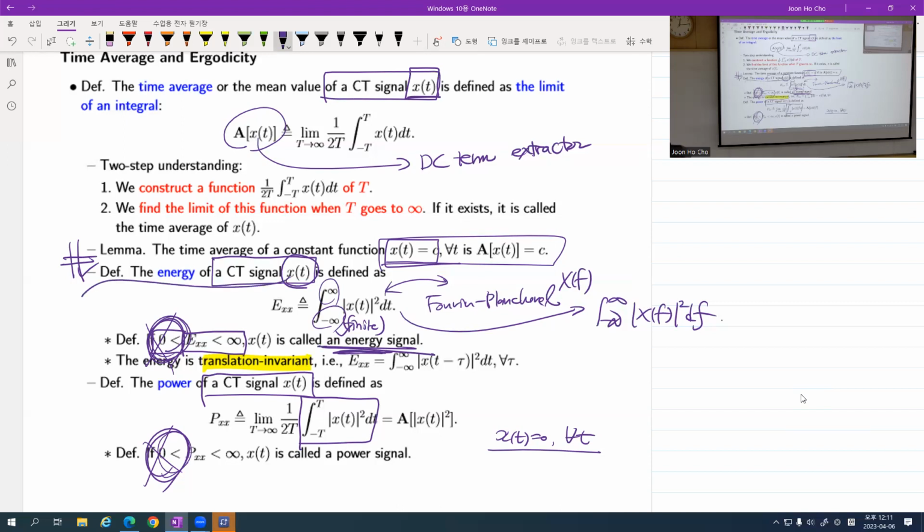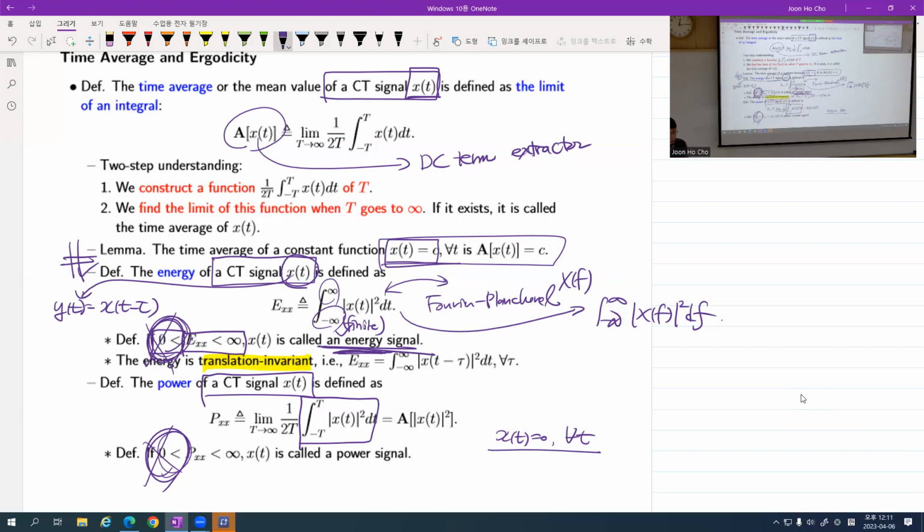Now, you define y of t as a delayed version. Then what is the energy of y? If you plug this in, and after change of variable, you have the same thing. So this is an important lesson.